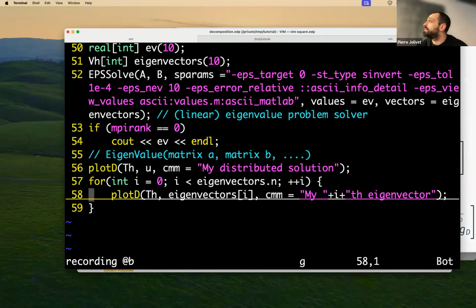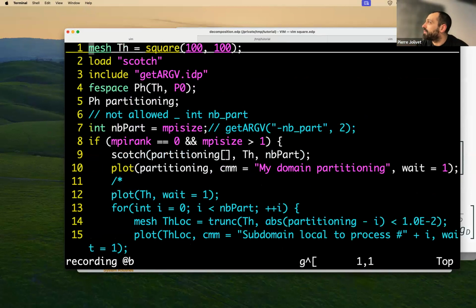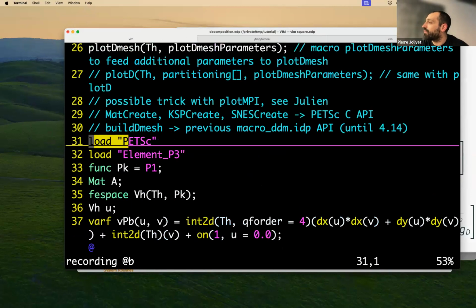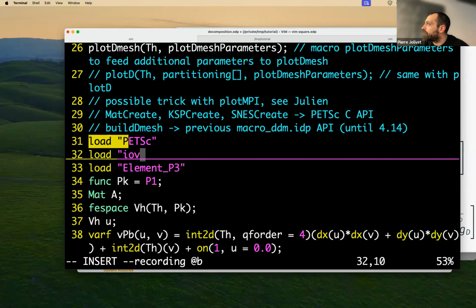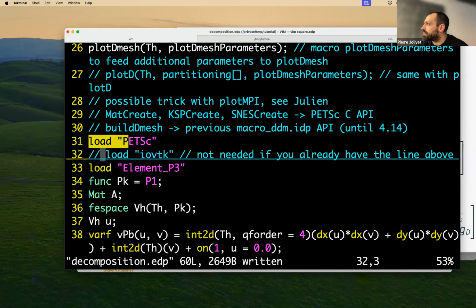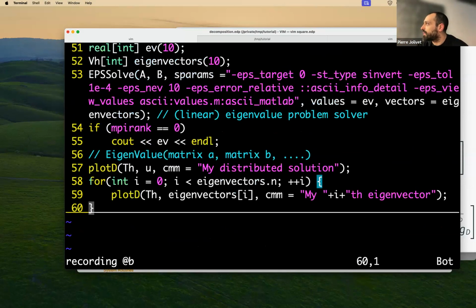The important point is that whenever you do load PETSc, you will automatically have access to savevtk if you want to save the output into VTK format. Okay, so you don't need to load iovtk. iovtk is not needed if you already have the line above. Okay, so I will just comment it, but it should not be a problem if you still keep it.